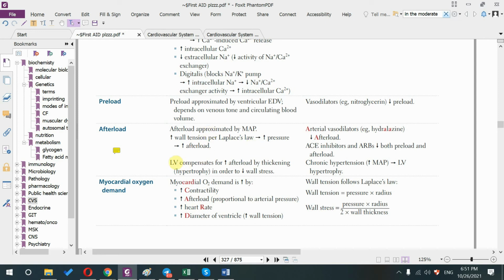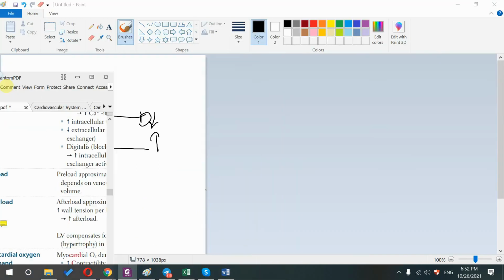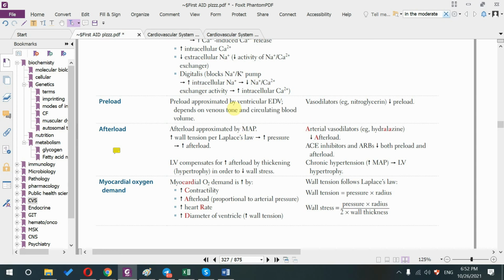Okay, so the left ventricle compensates for the increased afterload by thickening. Do you remember the process of hypertrophy we spoke about? Here it comes, in order to decrease the wall stress. An important thing, I hope my students know it. In case of hypertrophy of the left ventricle, can the left ventricle undergo the process of hyperplasia?